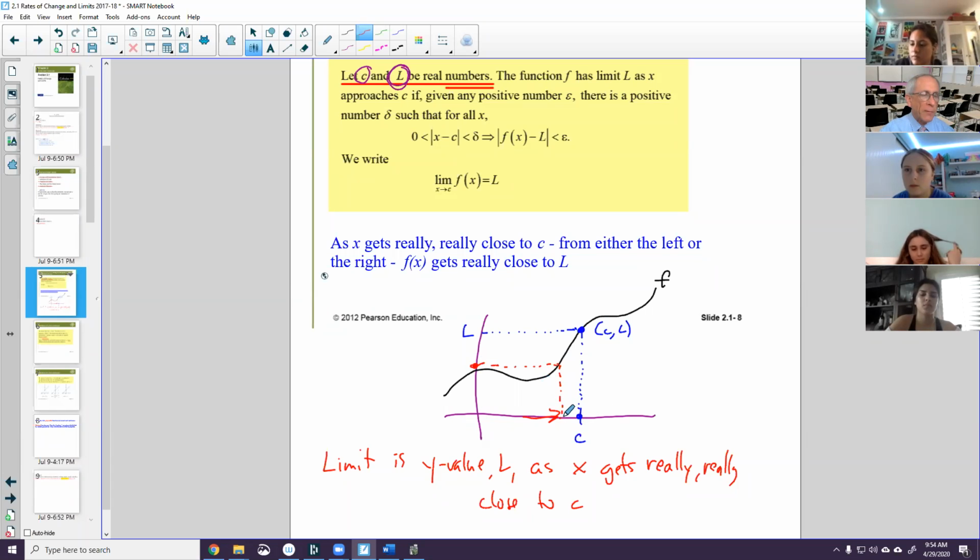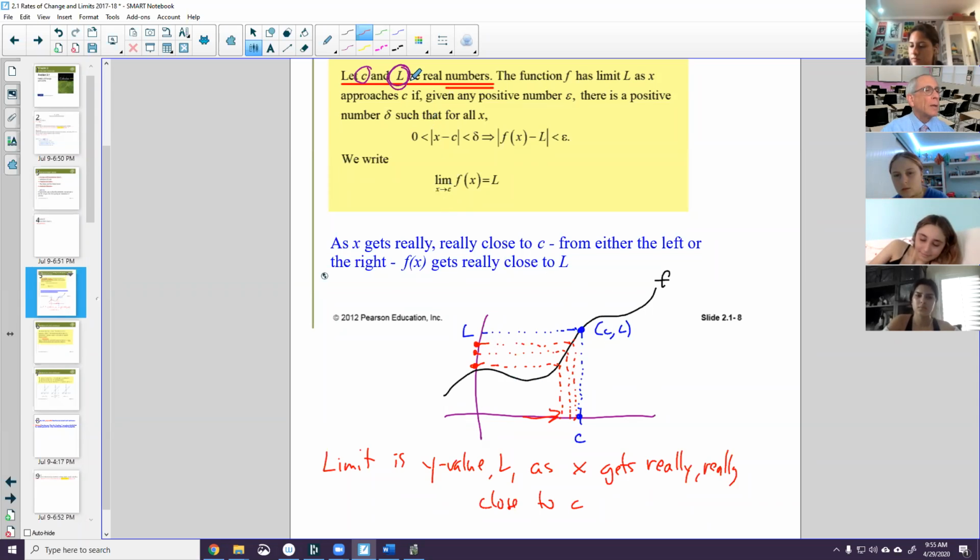Okay. And if I get a little bit closer here to c, I've moved up the function, and now my y value is over here. And if I get a little bit closer to c, I've moved up the function, and now my y value is here.